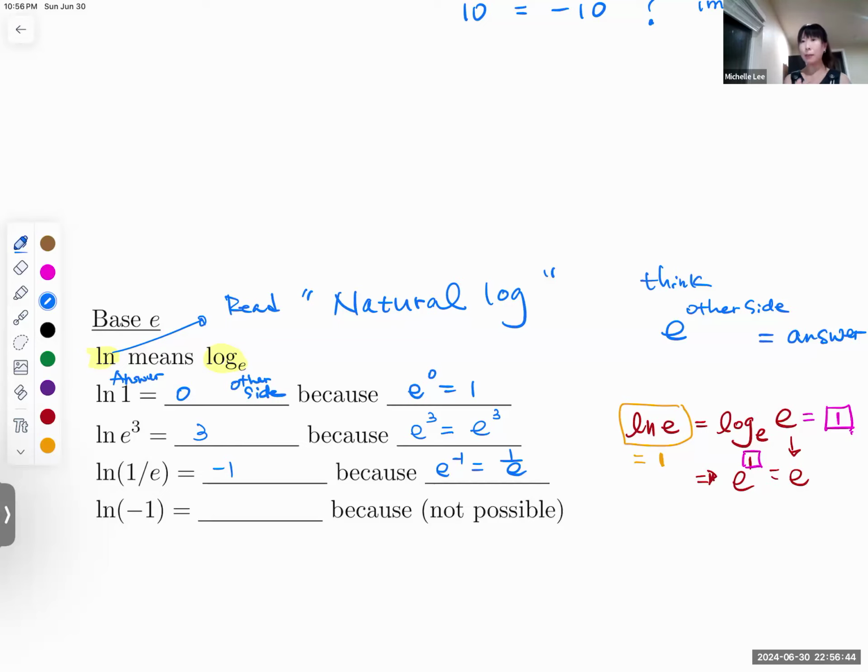Looking at the other side, this is the other side, and this is the answer. Once again, this is impossible because we cannot think of base e to what power makes -1, right? So we cannot find it, so this is impossible.